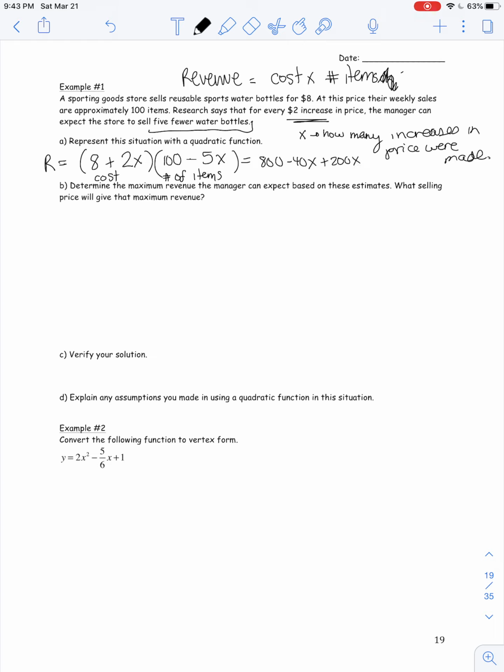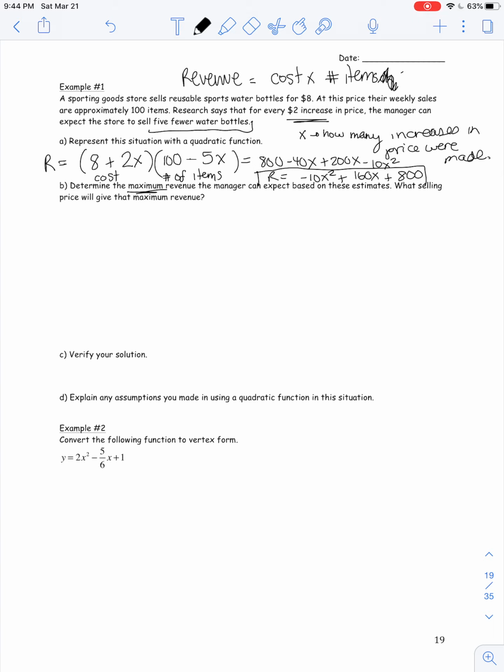And then our last terms together would be minus 10x squared. So our revenue equation will be negative 10x squared when you put in standard form, positive 160x plus 800.